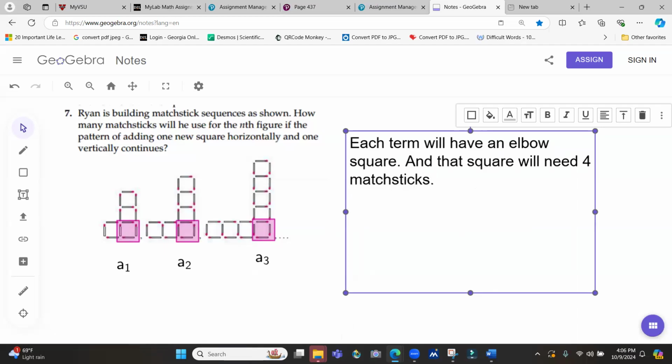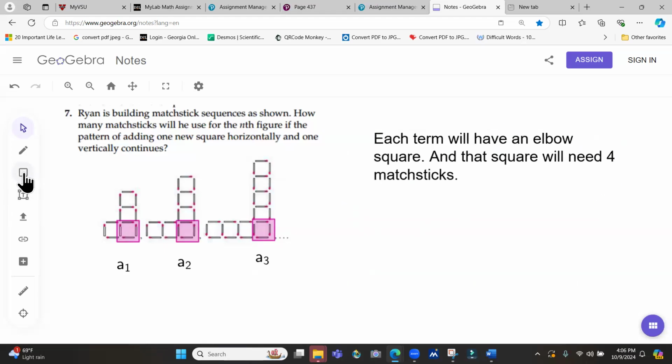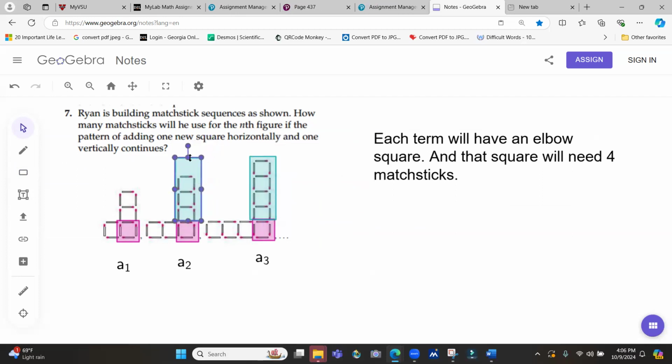Okay, remaining squares. I'm going to call it the vertical leg. These are the vertical legs.